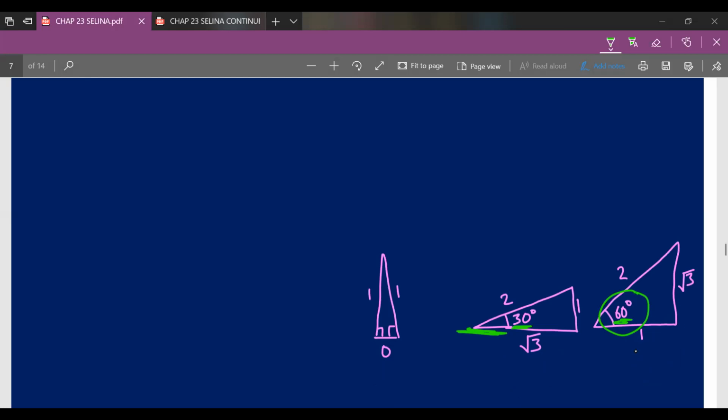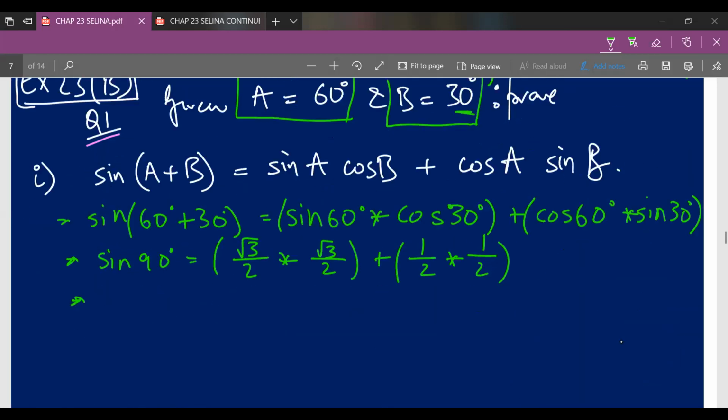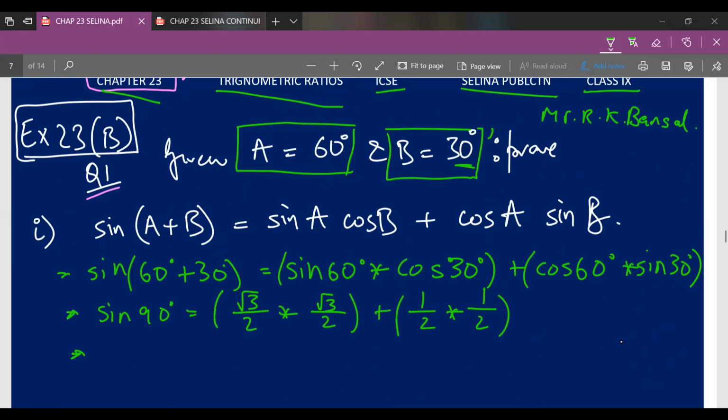So over here all it has asked us is to find sin 90 degree. So sin 90 degree will be, with respect to angle 90 degree, perpendicular upon hypotenuse, so 1 upon 1. So 1 upon 1 can simply be written as 1. So sin 90 degree will be 1.